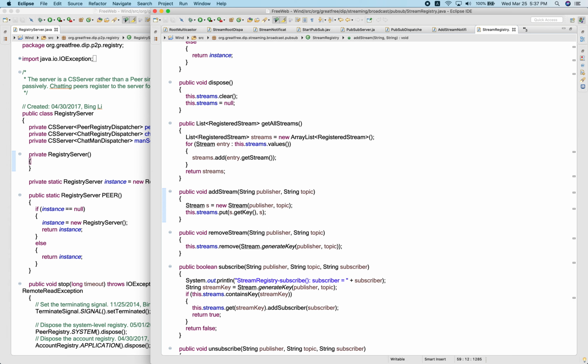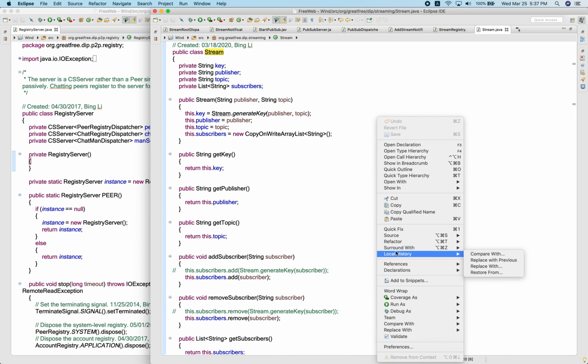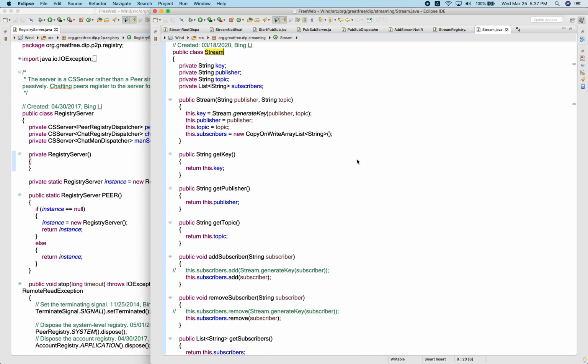This is a class to represent one stream. Within this class we have topic and the publisher. In addition, we also need to define a field, a list. All the subscribers need to be kept in this class.